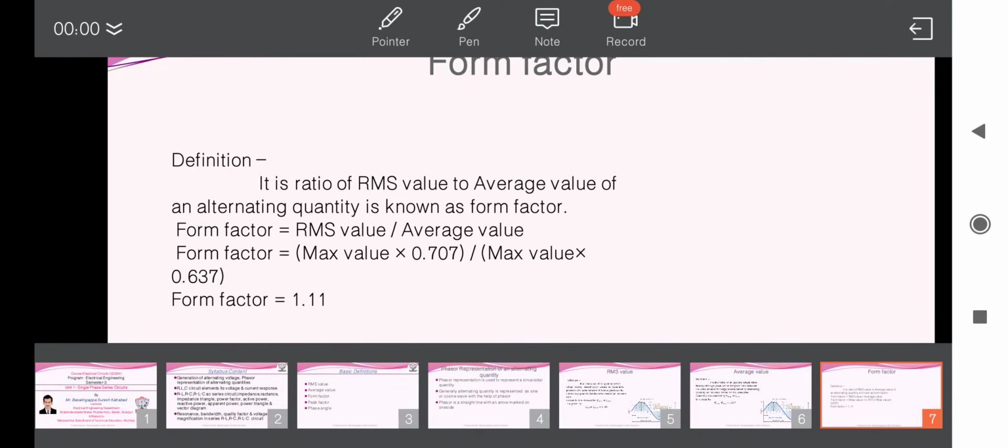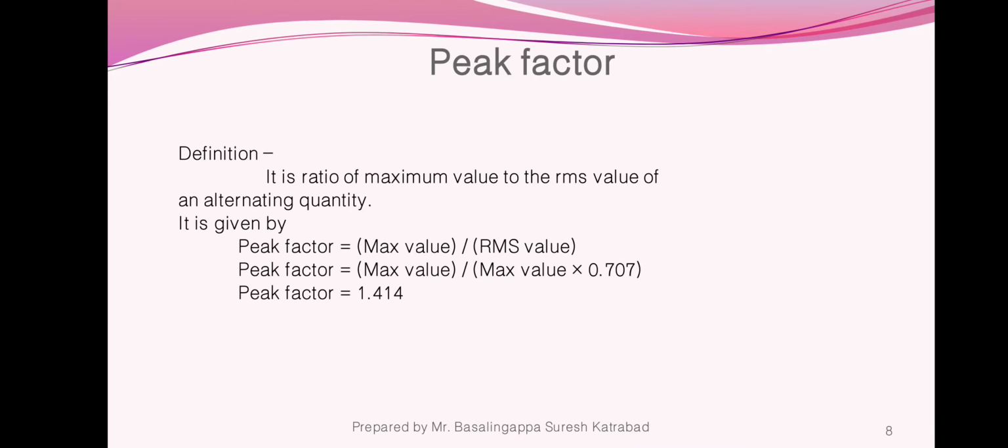Next definition, peak factor. Peak factor is the ratio of maximum value to the RMS value of an alternating quantity. We can write in mathematical form: peak factor equals maximum value divided by RMS value. Instead of RMS value we can write maximum value into 0.707.